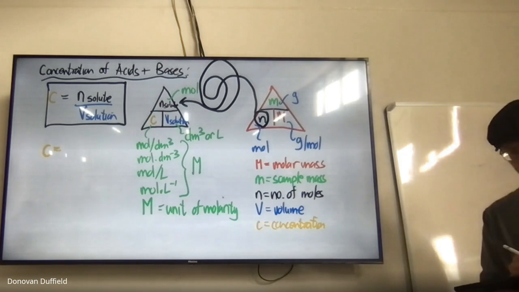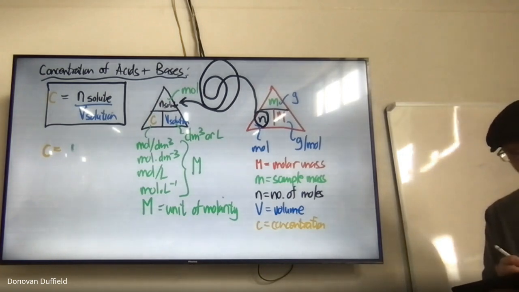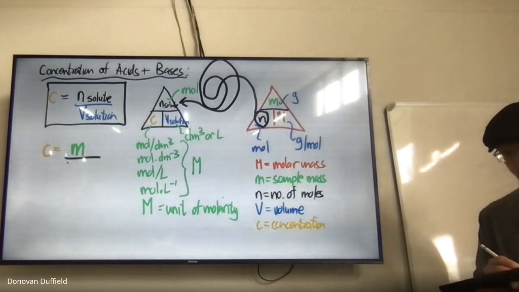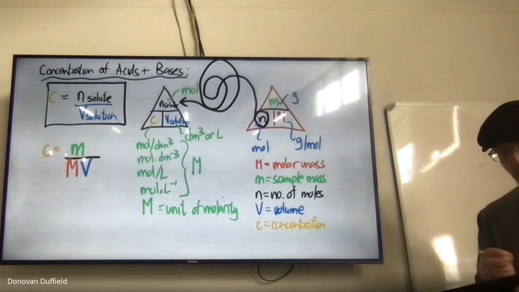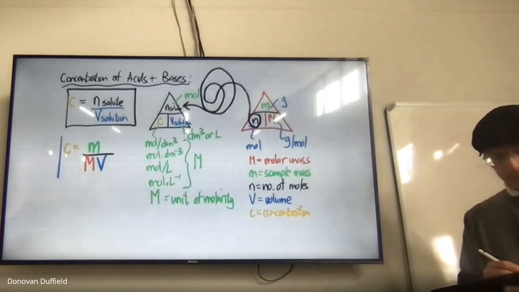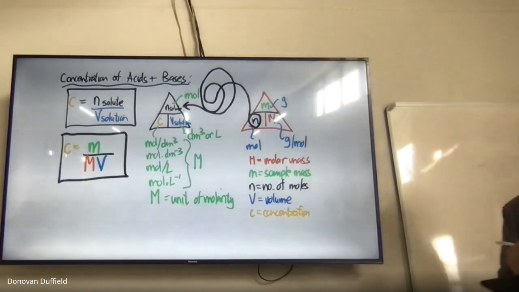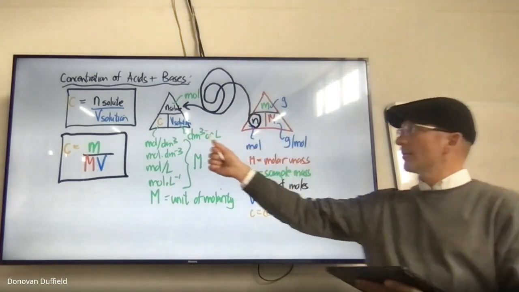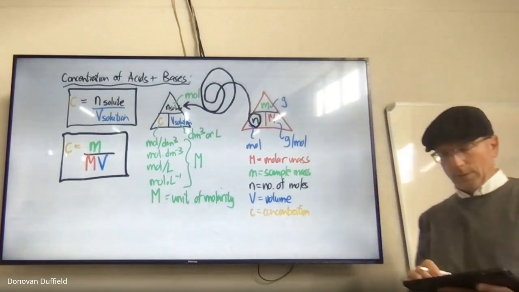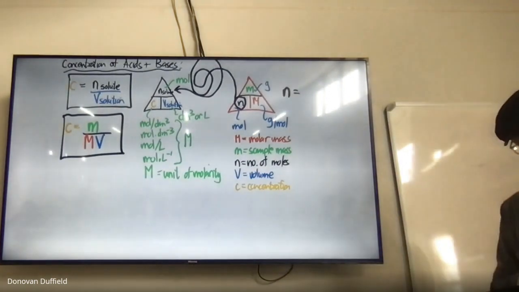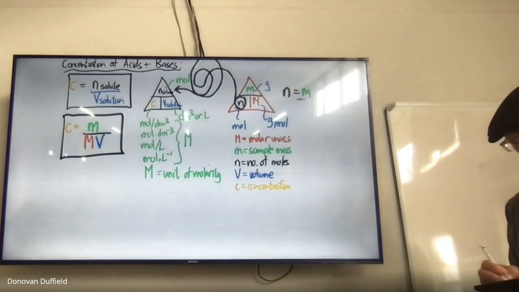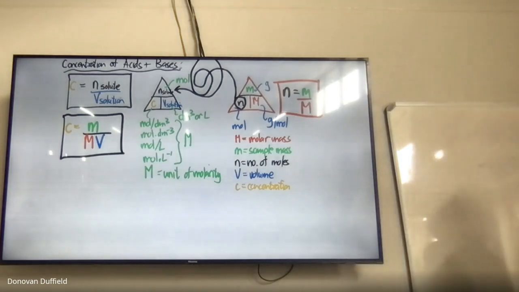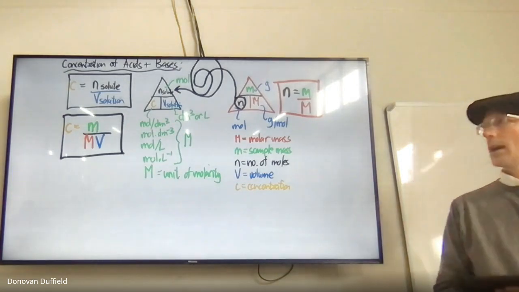C equals m over big M V. And you know what? It's on your formula sheet. So these two combined give you that. Remember, n equals m over big M. So the concentration can be displayed as either moles per decimeter cubed or as big M.